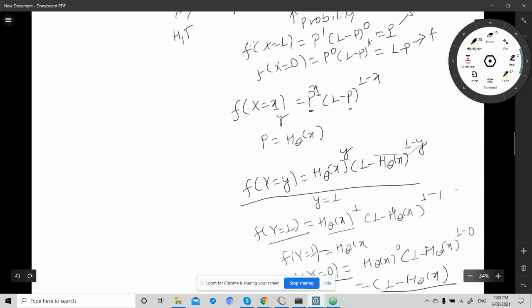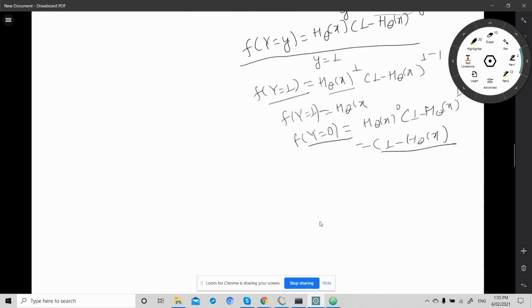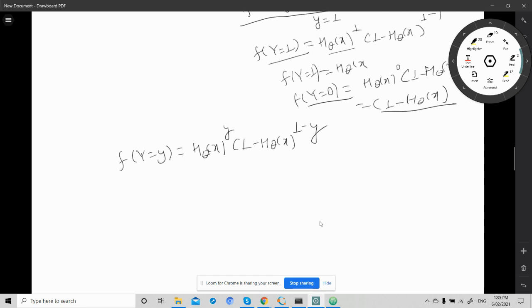So we can write this equation. So we can write f of y, hope this is making sense to you all, h theta of x to the power y times 1 minus h theta of x to the power 1 minus y. Now in order to generate a cost function, we need to calculate the log likelihood.